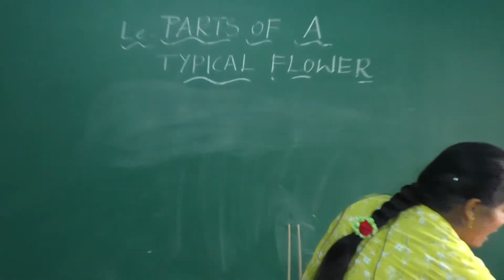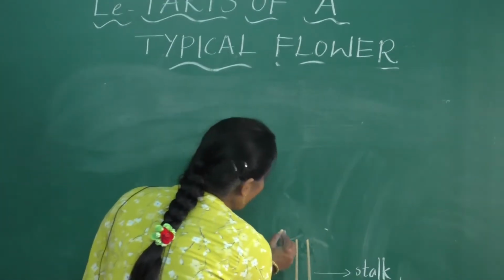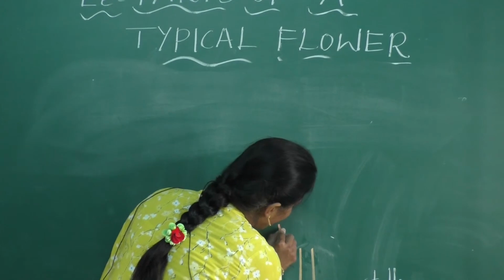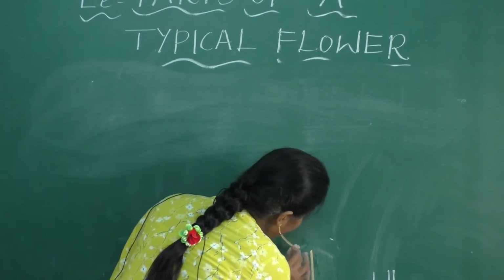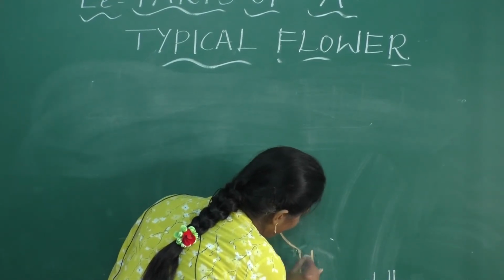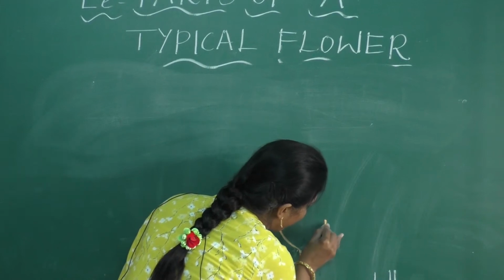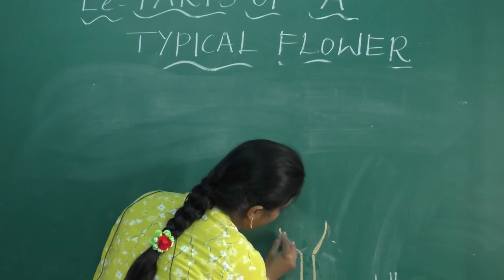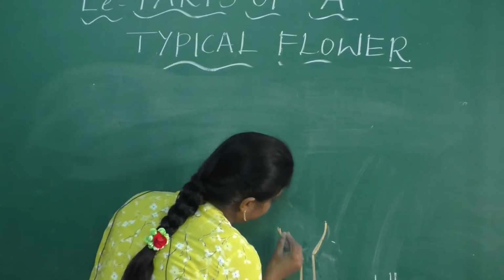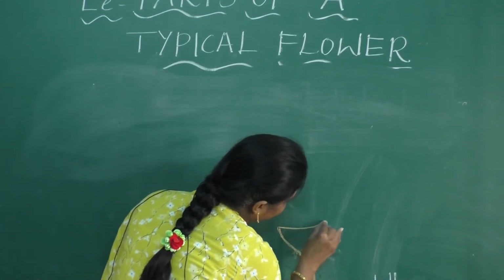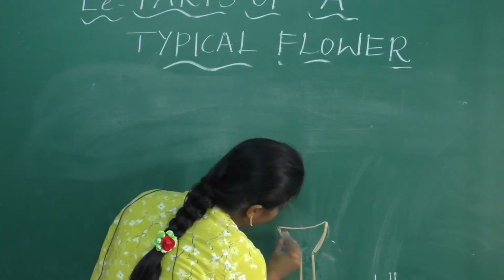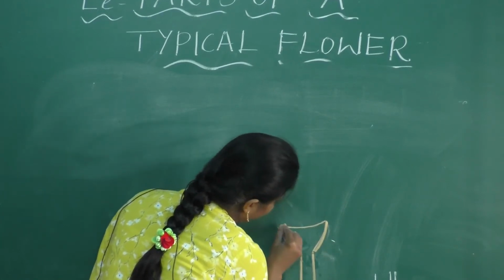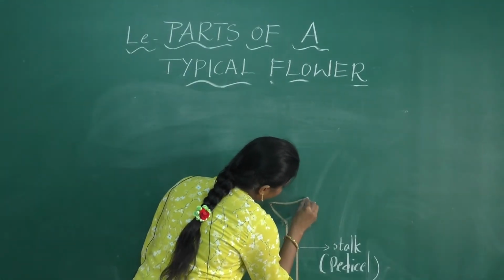This stalk is swollen at its apical end. Apical means upper end. What is this part, children, which is swollen?